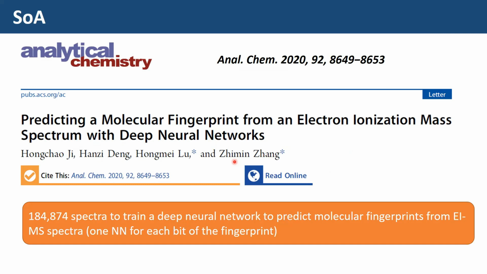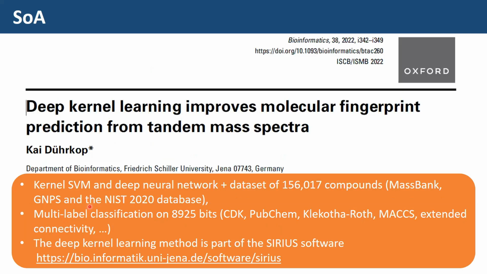Here, the authors used around 180,000 spectra to train a neural network to predict molecular fingerprints. So, the approach I explained before. Another nice reference paper is this one. I presented this work last August in a conference, and when I was preparing the slides for the conference, I found this paper, because it was published a few weeks before.